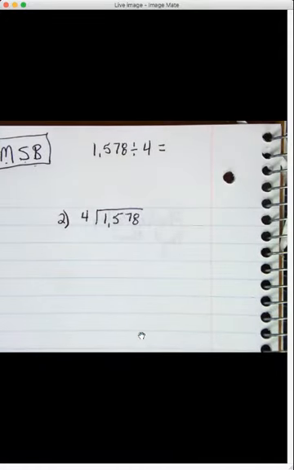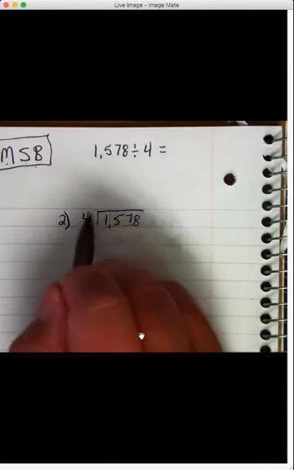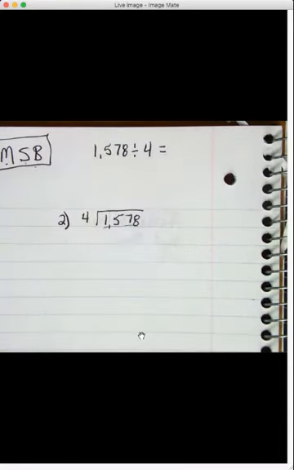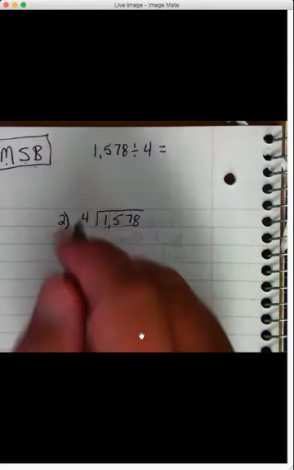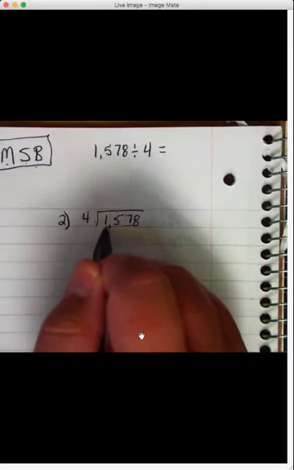Okay, moving on. Number 2. And you might see it written like this: 1,578 divided by 4. Okay, so we're going to write it like this: 1,578 under the box divided by 4. And we're going to do this the same way. How many times will 4 go into 1? It won't.